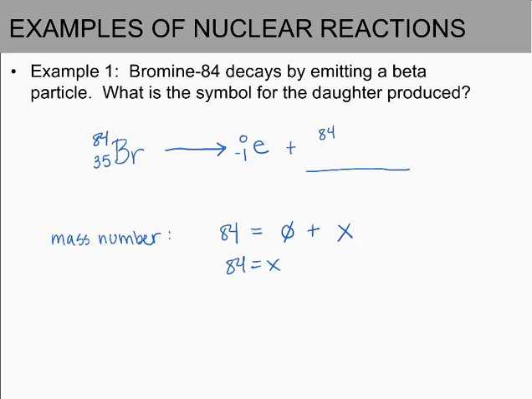Now let's figure out the atomic number. All right, so we have 35 on the left, and that should equal -1 plus X. And X is our unknown atomic number. Okay, so let's rearrange. So we're going to add 1 to both sides.